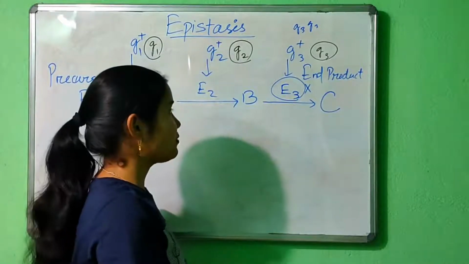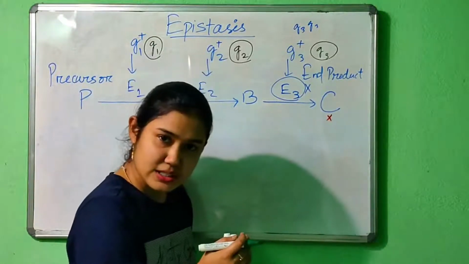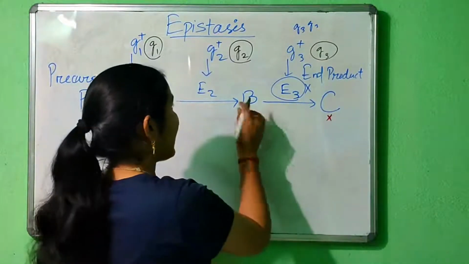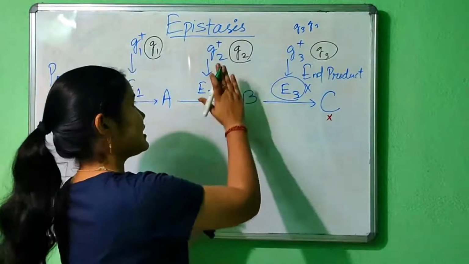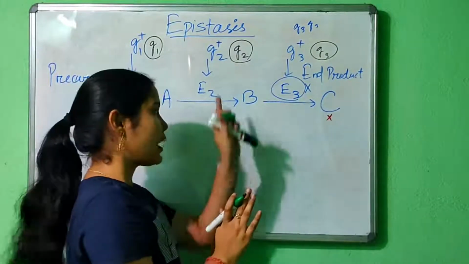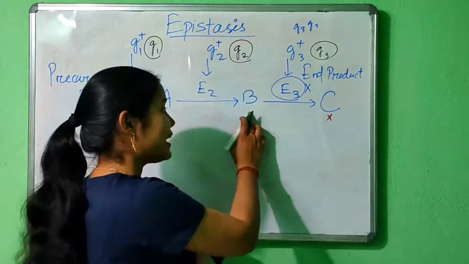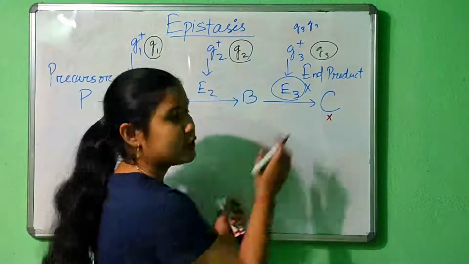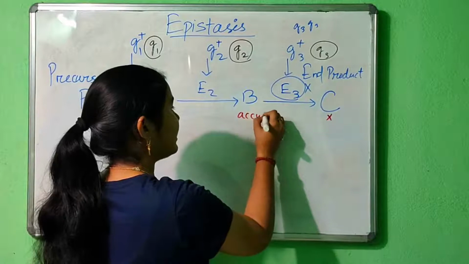As a result, C won't be produced. And as G2 plus is in the normal dominant wild type condition, B is produced, but it cannot get converted into C, right? And B gets accumulated.